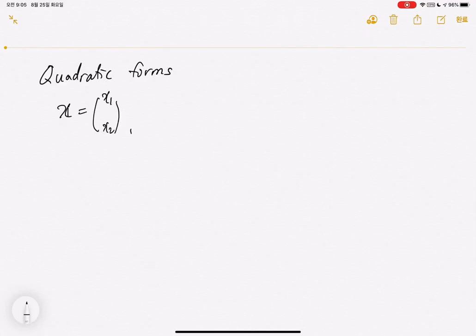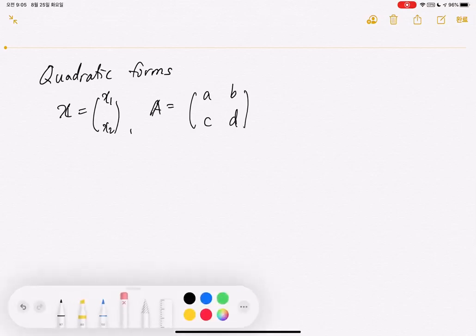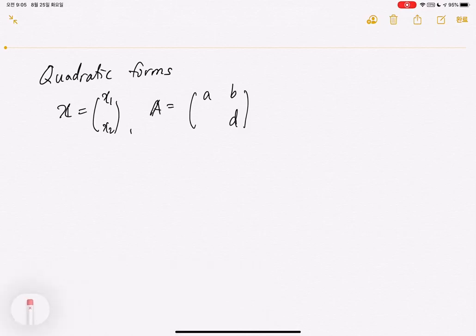And consider a 2 by 2 square matrix A, which is A, B, C, D. For the moment, let's just assume that it's symmetric. So the matrix here is symmetric.